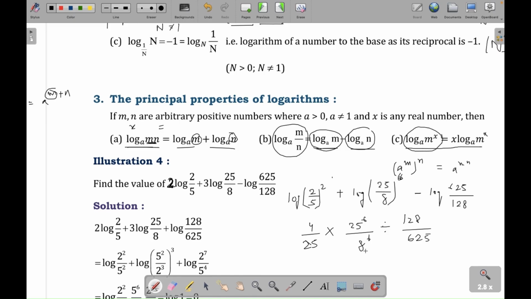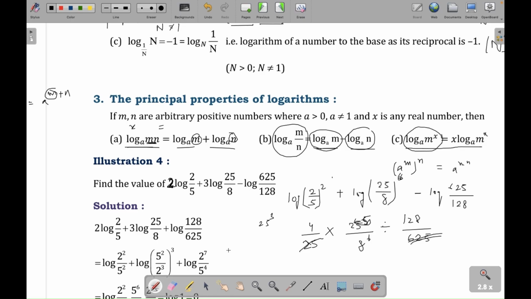Now we just have to solve for this. So this will become 25 to the power 5, and 25 square is 625, so 25 to the power 3.